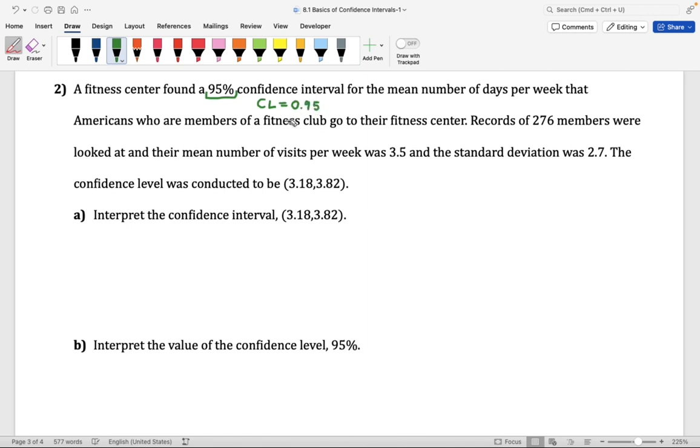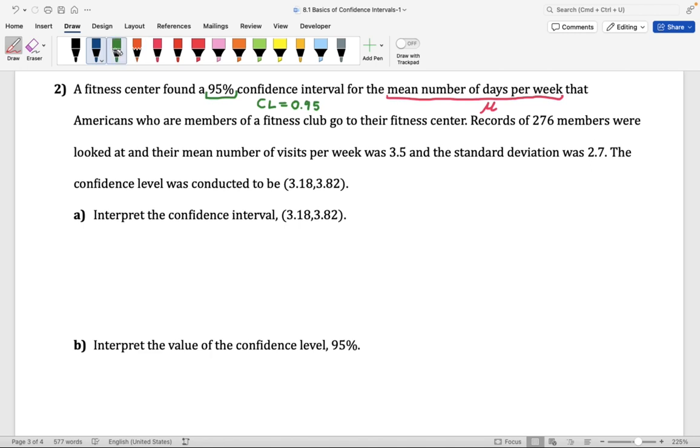We see that a fitness center is constructing a confidence interval. They want to estimate the mean number of days per week, which is going to be mu. This mu is coming from looking at all Americans who are members of the fitness club and go to their fitness center. Now, records of 276 members were looked at and their mean number of visits per week was 3.5 and the standard deviation was 2.7.